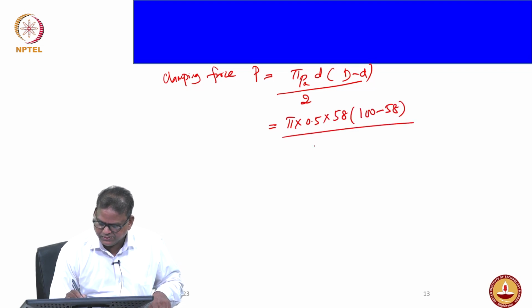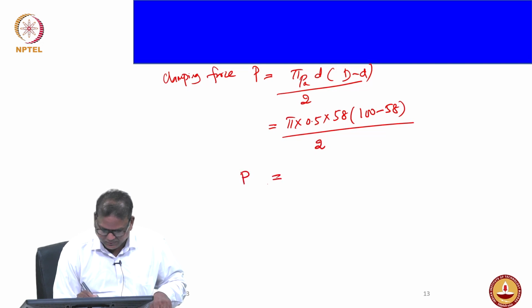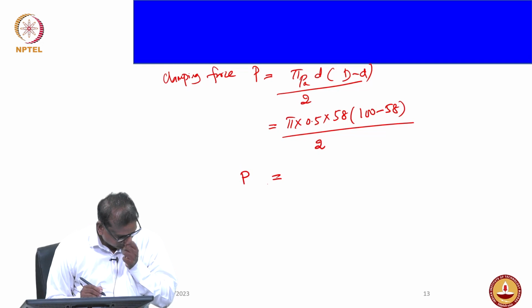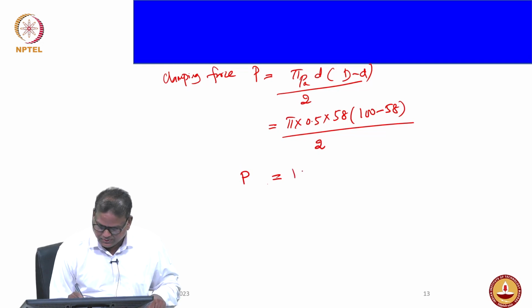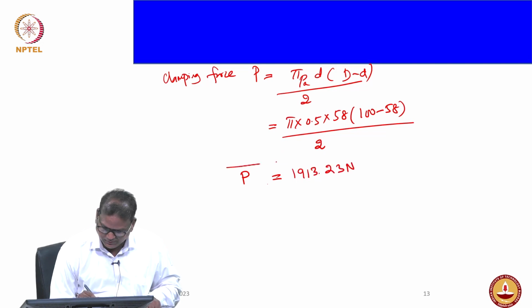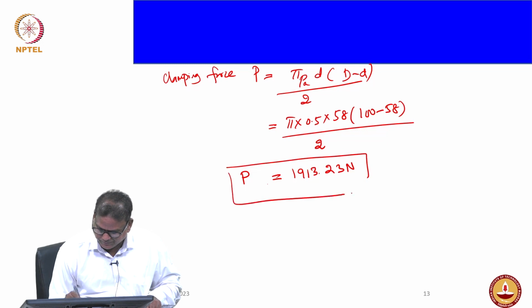We are not going to change anything. So what clamping force are you getting? Are you getting 1913.23 Newton? This is the value you should expect. This is your clamping force.